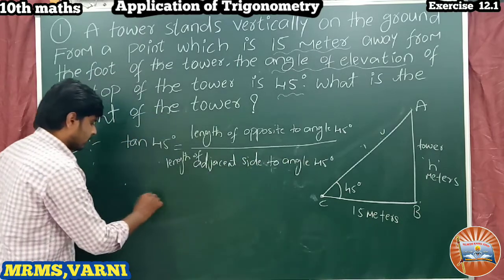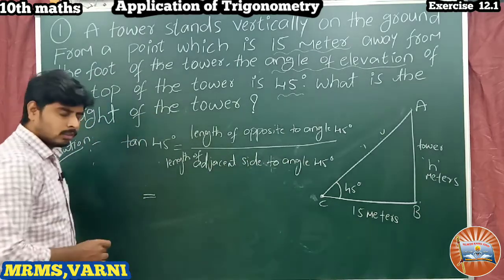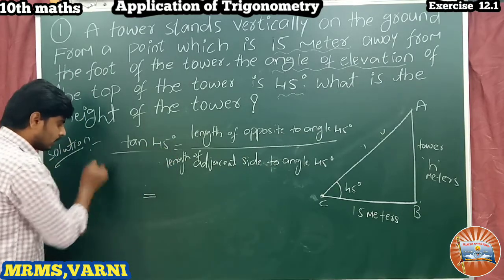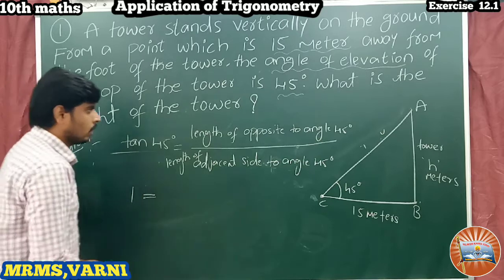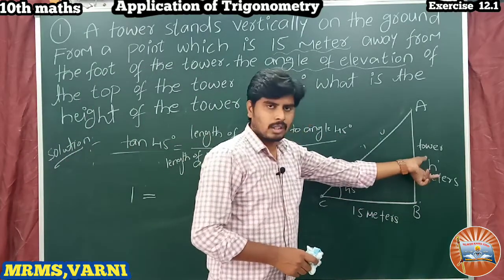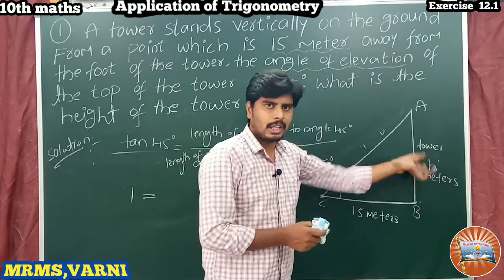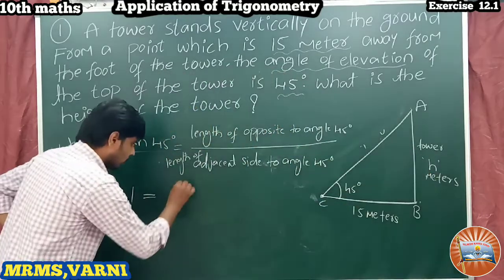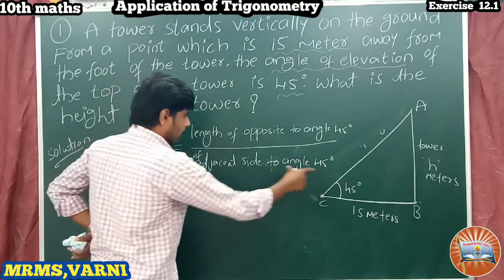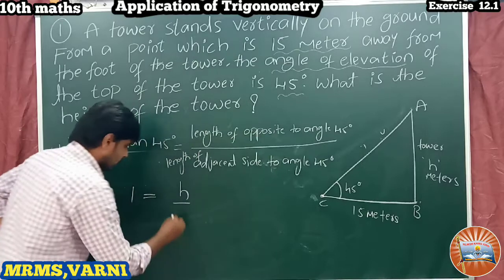What is the tan 45 value? That is 1. So 1 is equal to the length of the opposite side to angle 45, which we consider as H, by the length of the adjacent side to angle 45, which is given as 15 meters.